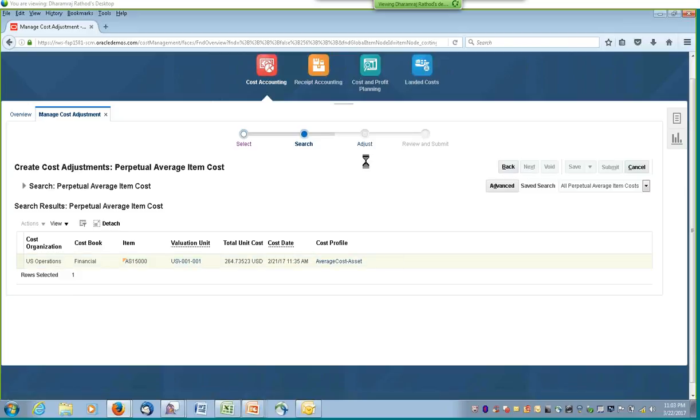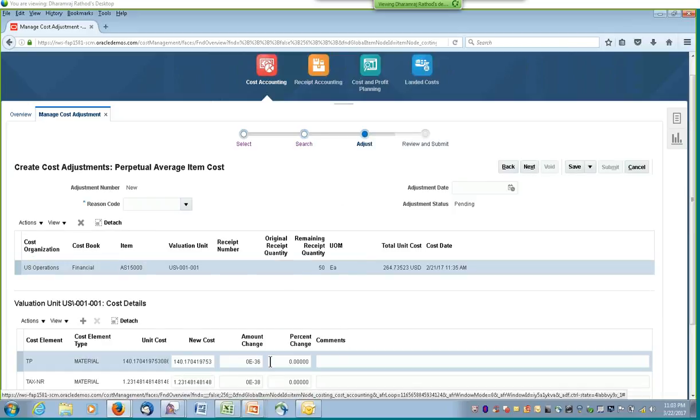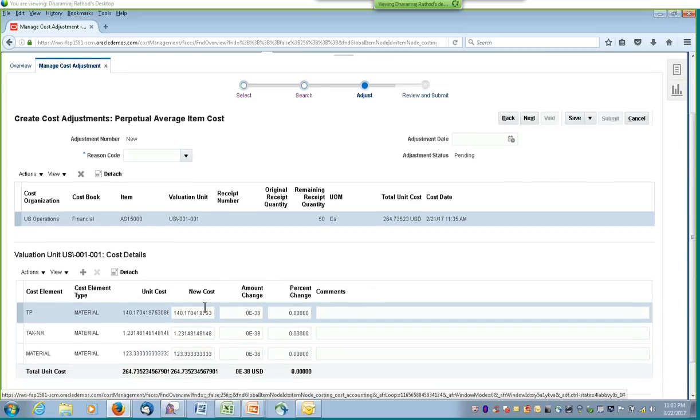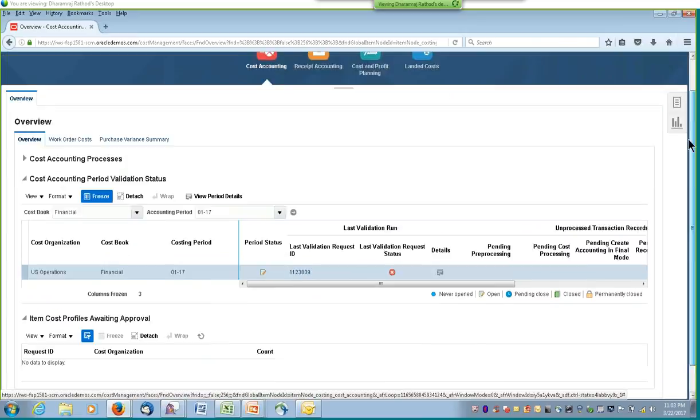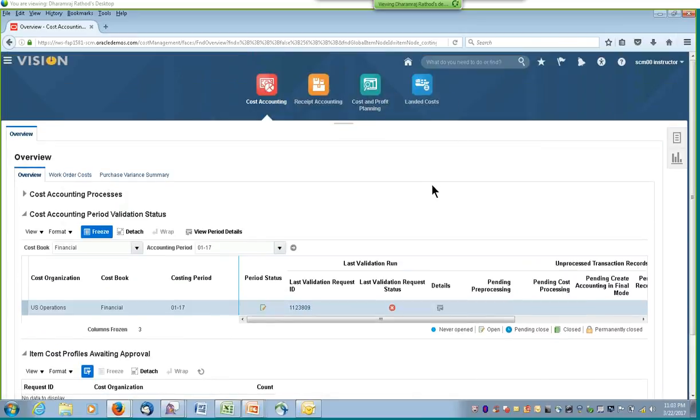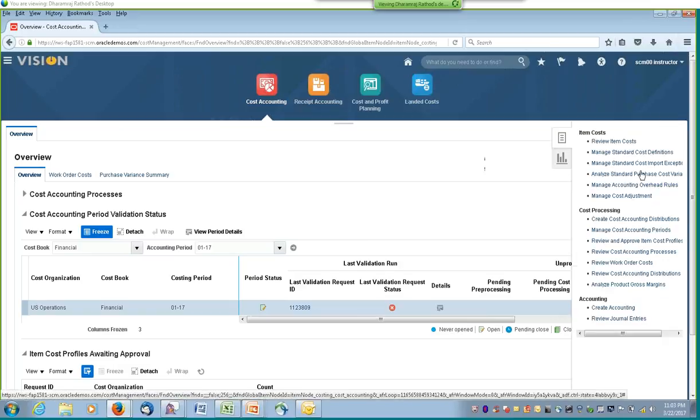Go ahead and you have flexibility to adjust it. It says whether or not you want the percentage changes or you can have new cost and so on. Click on next and then review and submit it, and you have your new cost available as of this date. So you can go update the cost. And standard cost, as I said, you go to cost and profit planning and update it and publish it to the cost accounting. And various other UIs as we go along, we'll go over and look at it.